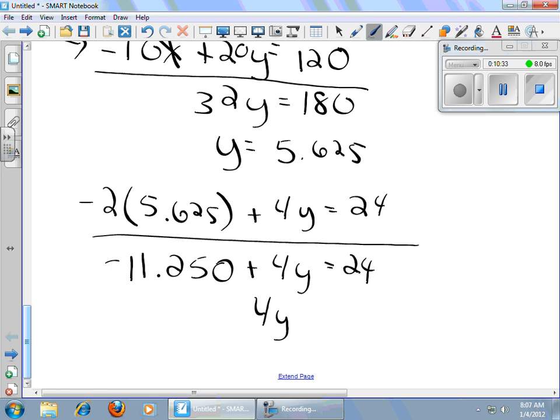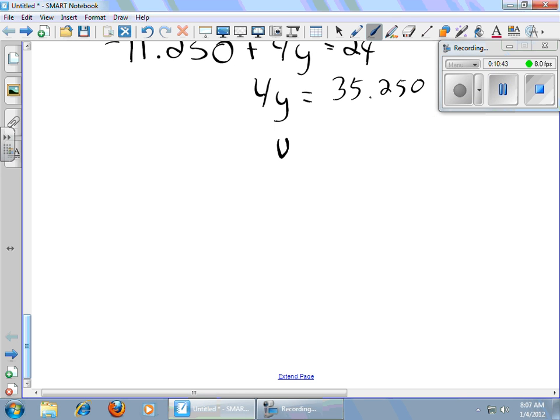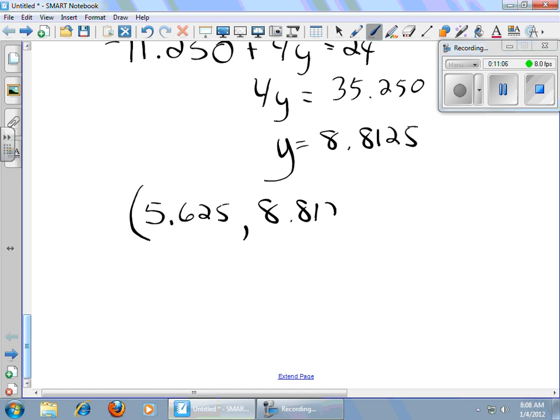We're going to get 4y is going to equal 35.250. We'll divide each side by 4 to get y is equal to 8.8125. All right, so x was 5.625 and y was 8.8125.